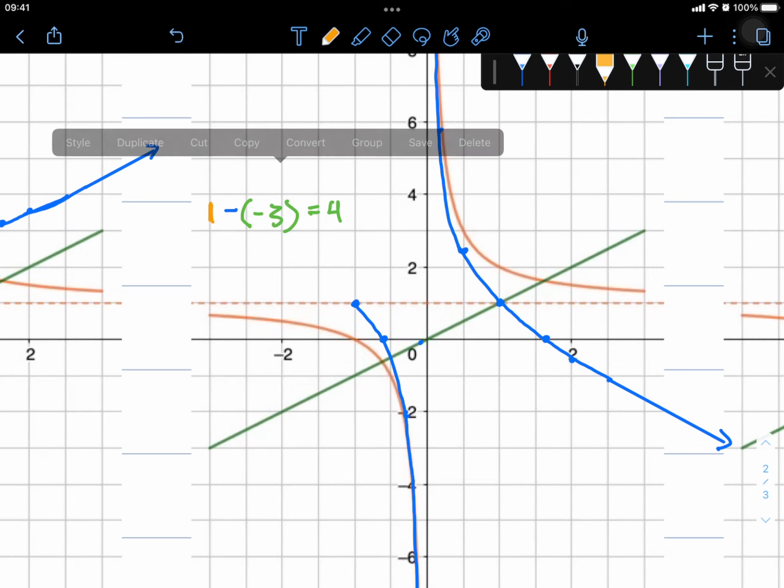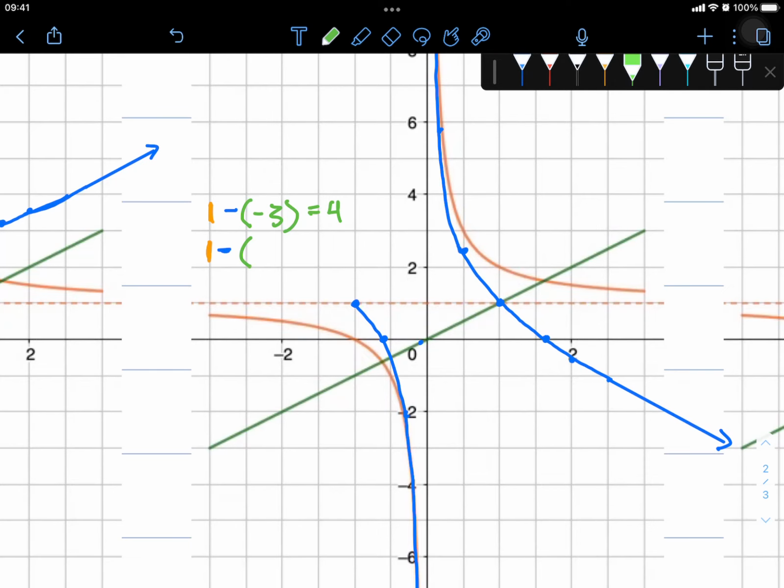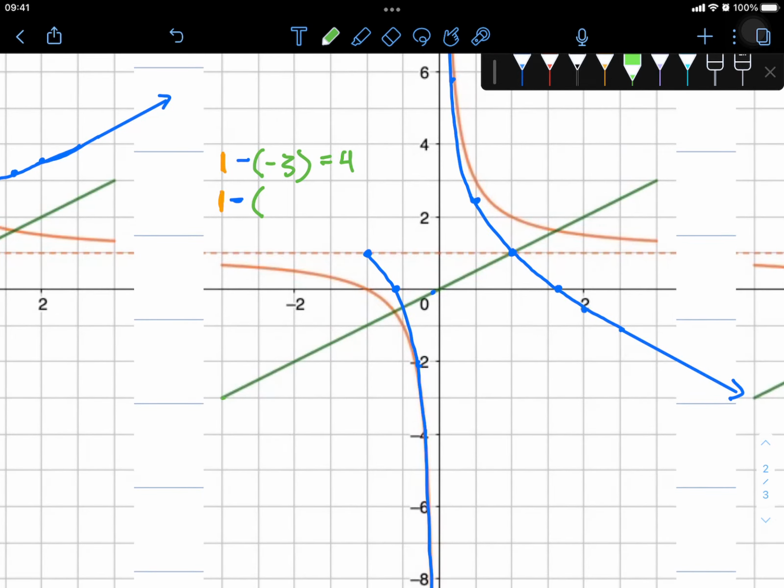If we move to the left for f, it's going to approach 1. And we're going to minus a point in g. Well, the next point on g, if it's negative 3, because it's linear, the next point is going to be negative 4. 1 minus negative 4 is 5.